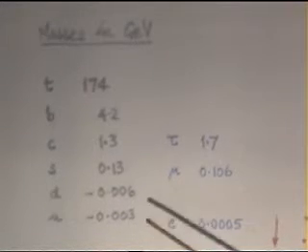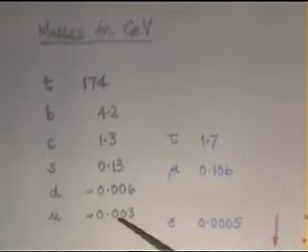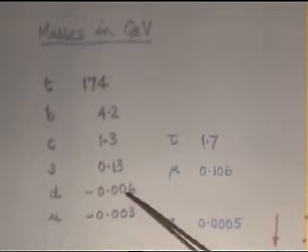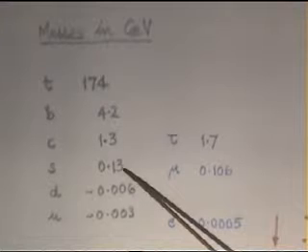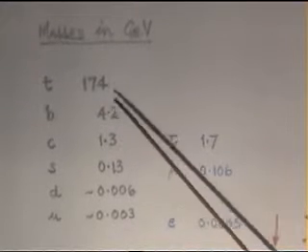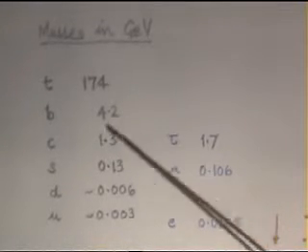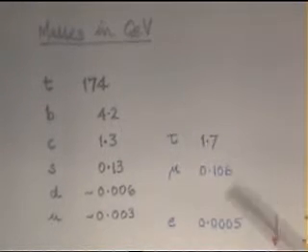The two light quarks, the up and down, have masses of the order of 3 MeV, 6 MeV. This is 130 MeV, 1.3 GeV, 4.2 GeV, and a massive top quark. Nobody understands why the masses are like this. This is a very strange set of masses.